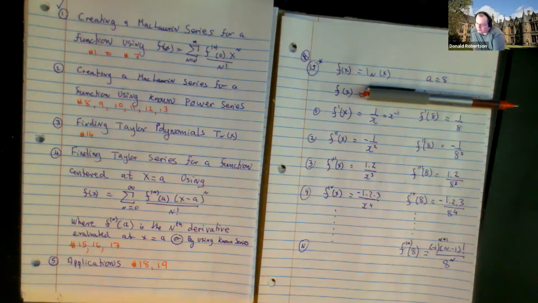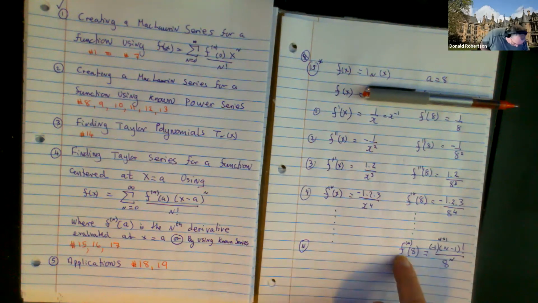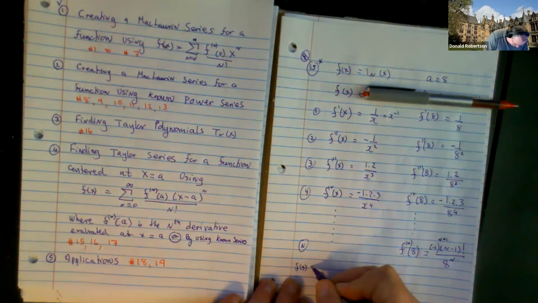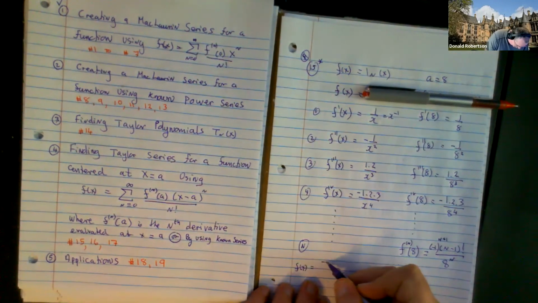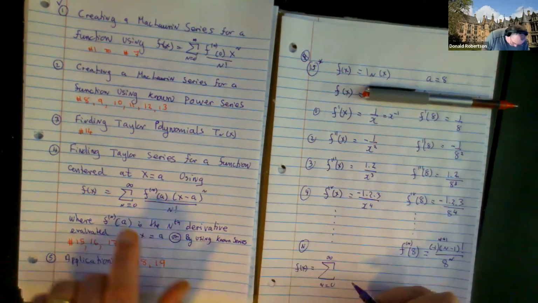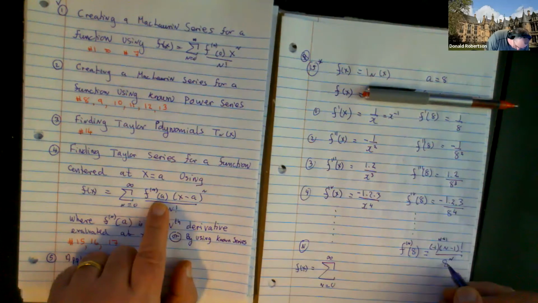We're done. Haven't we created a Taylor series, at least the bit that's important, the nth derivative at 8? So now you go over here and you say, okay, the Taylor series centered at 8 will be the sum from n equals 0 to infinity. Check. The nth derivative is all this stuff.